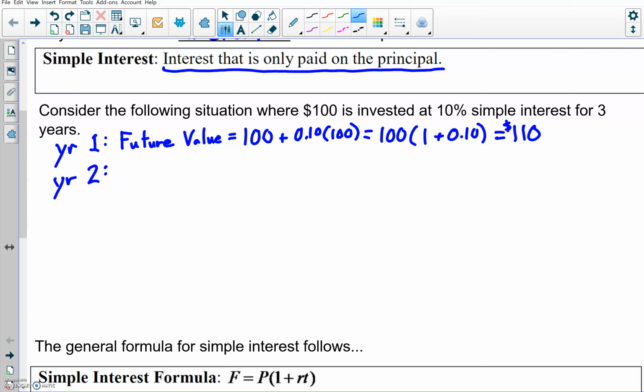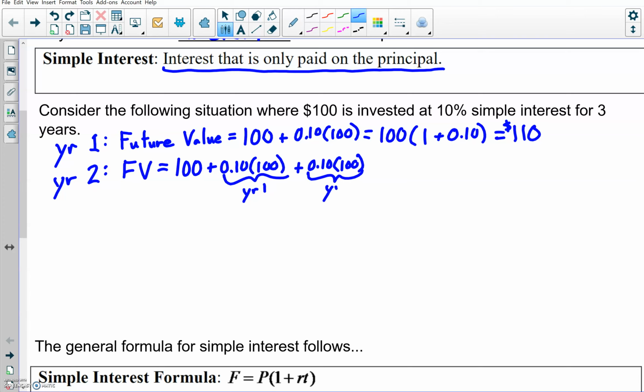At the end of year 2, I'm going to abbreviate this as FV now. We'll see that as a common thing. We have the $100 that we started with. We have the 10% interest that I earned in the first year based on simple interest. And then I have the 10% interest that I earned during year 2 based on simple interest, where we're only applying that percent to the original amount to calculate our interest.